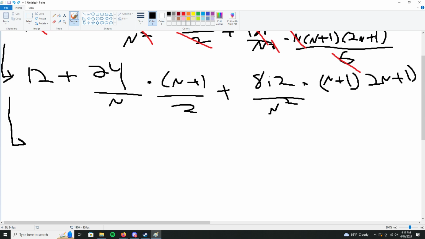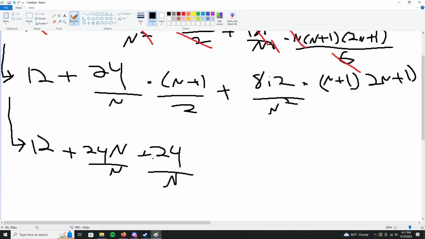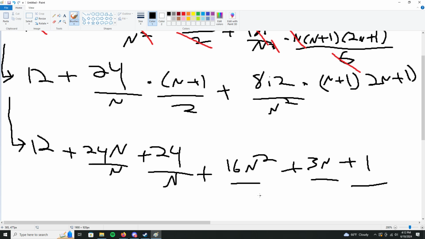And so that will come down to 12 plus 24n over n plus 24 over n, plus 16n squared plus 3n plus 1 over n squared.